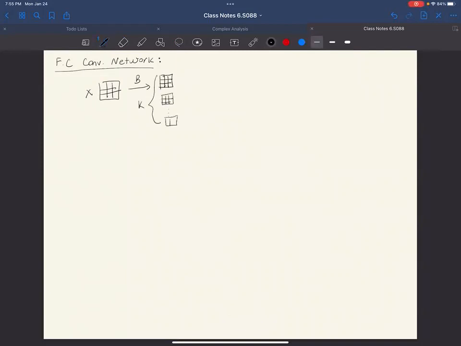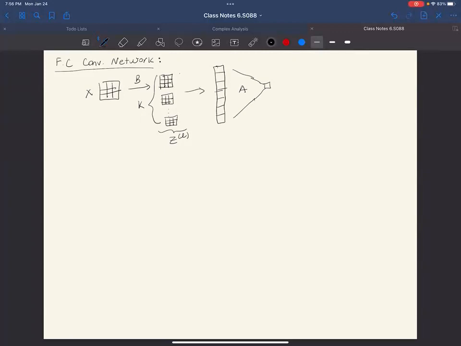I'll call this again my Z, indexed by these indices L. Now what we do is take this output and flatten it into a giant vector, and then apply our usual fully connected matrix, and we can get our outputs again. So this is one option for converting a convolutional network into a classifier where you just want maybe one output.